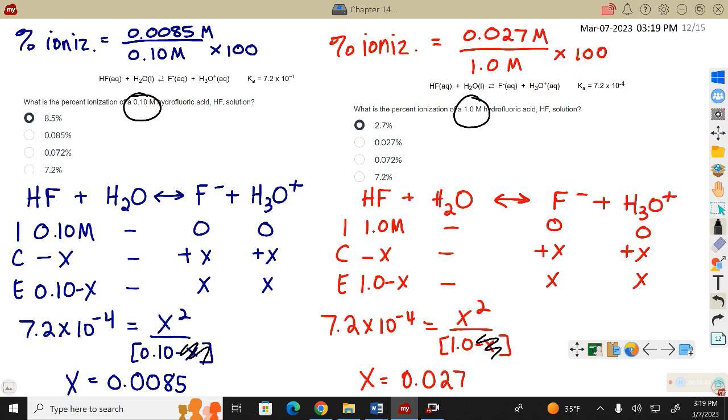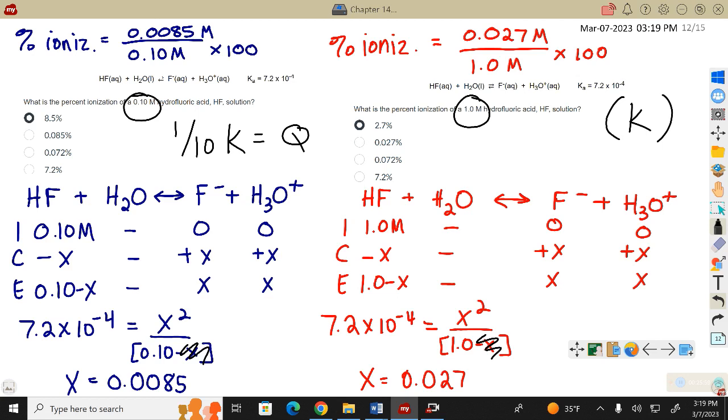Or if you want to think of this as a Q versus K, if I call this one K, and this one is 10 times smaller, then Q is like 1/10 of K. The concentration is smaller, and so when Q is less than K, we want to increase the amount of product.